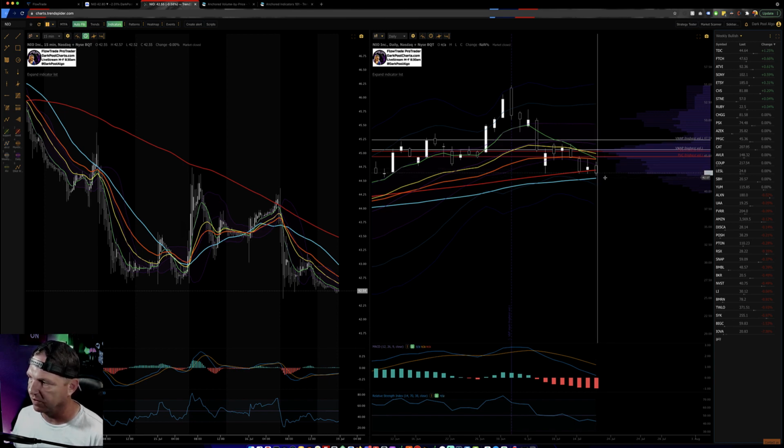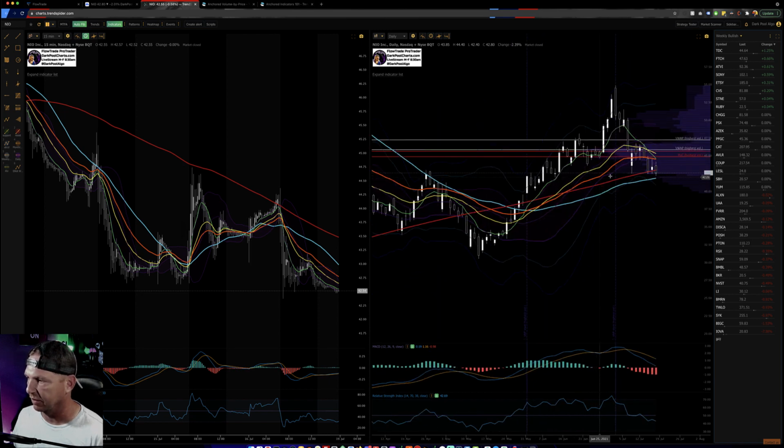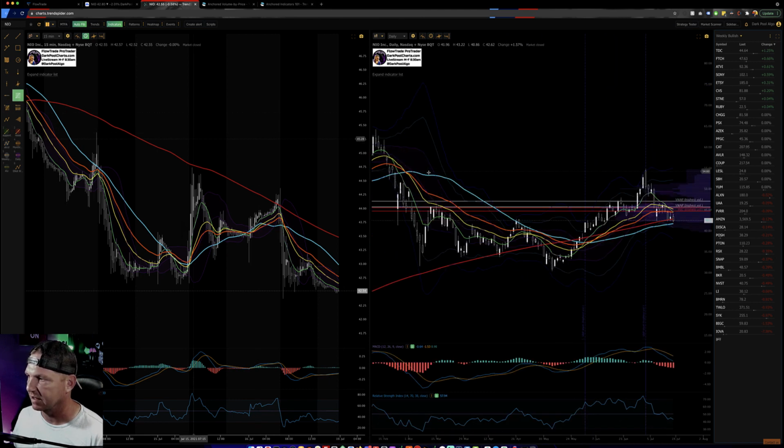If for some reason the market and NIO continue to sell off and follow the algorithm, we've got 42.06 as the 50-day SMA. Below that, you have to start looking at previous support and resistance levels. I'm going to throw some Fibonacci levels on here real quick, from this high to this low.